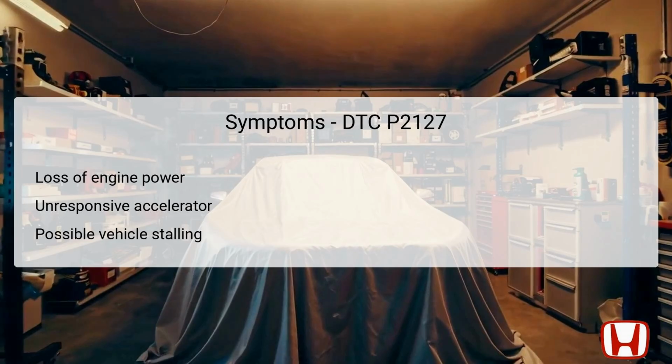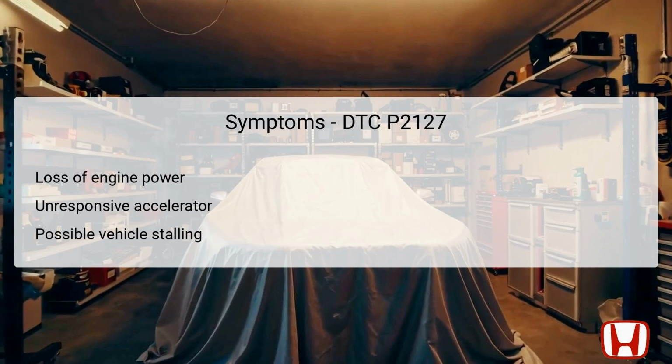When experiencing issues related to DTC P2127, drivers may notice several symptoms that indicate a problem with the APP sensor circuit. A common symptom is a loss of engine power. The vehicle may not accelerate as expected, making driving more difficult.